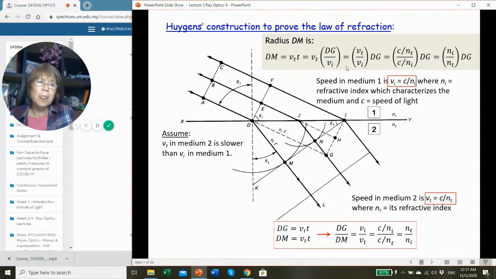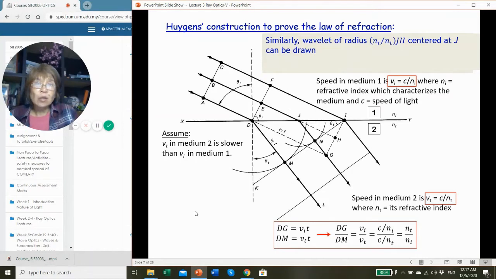So then we can group this together. Vt is actually c over Nt and Vi is c over Ni. So that gives us a ratio of Ni over Nt multiplied by DG. So DM is related to DG through this factor here.